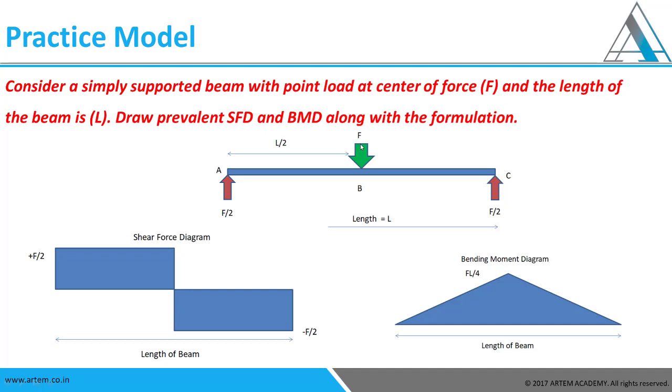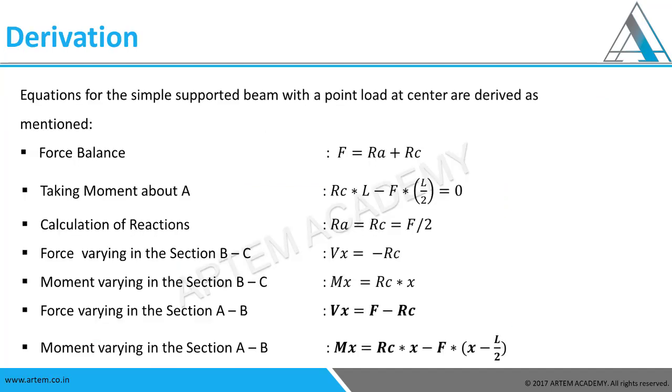If we take this as the reference, F into L by 2 is the moment that we are getting in the clockwise direction. And in the anti-clockwise direction, we are getting a moment of F by 2 into L. And that is how we calculate it.